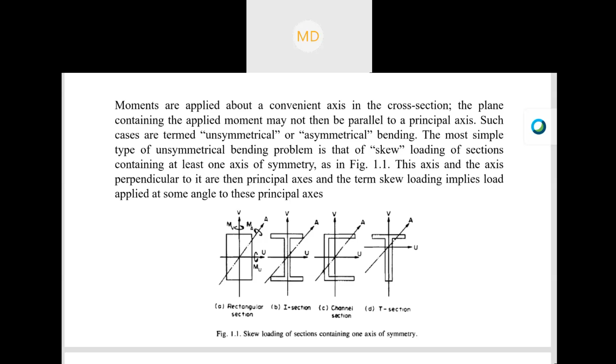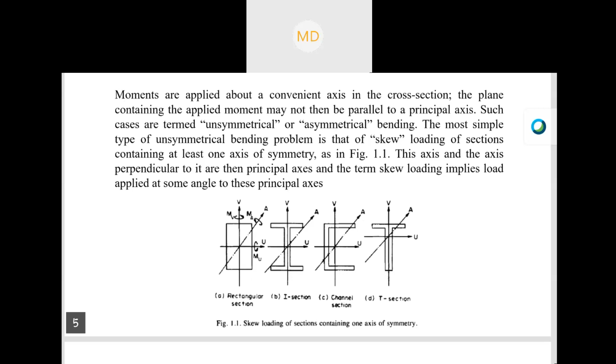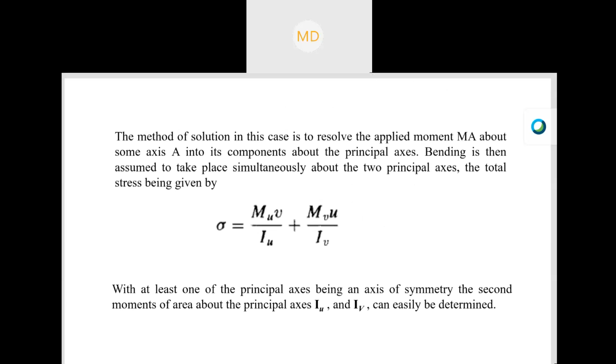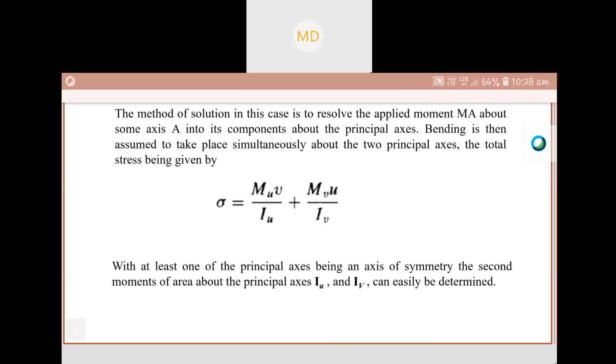If we get the exact image, then we can say this is a symmetrical section. If we do not get it, then we can say it is an unsymmetrical section. These things you will understand when we solve the numericals. These are some formulas we are going to use.